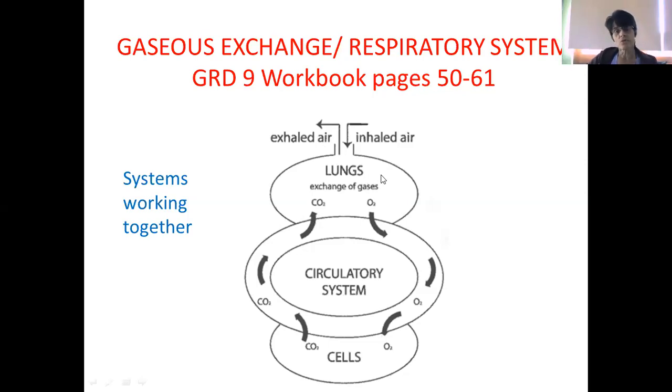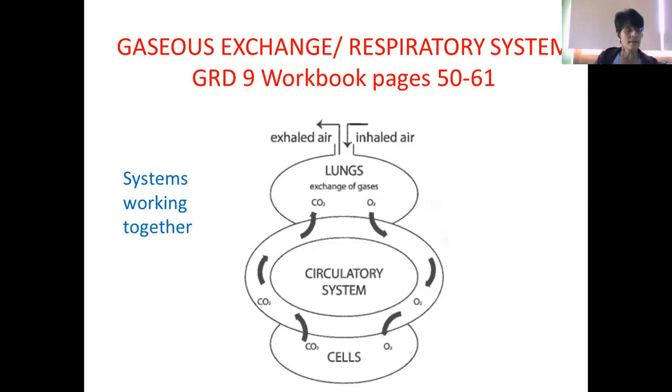So oxygen moves from high concentration in the lungs to the blood, and then the blood vessels transport that oxygen around the body to every single cell. The oxygen moves from high concentration in the blood and into the cell. Now, we just learned about the digestive system.